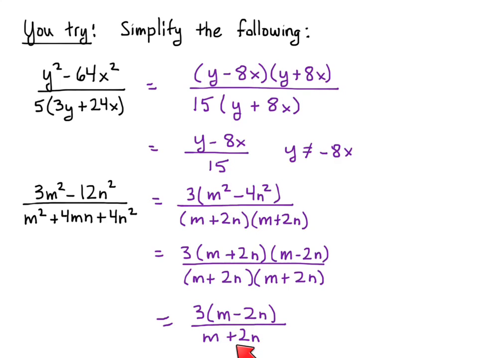So the domain restriction is implied here that m does not equal 2n. So whether you put that or not, you're okay. Strictly speaking, you don't need it because that domain restriction didn't change, it's still implied that m can't be negative 2n.